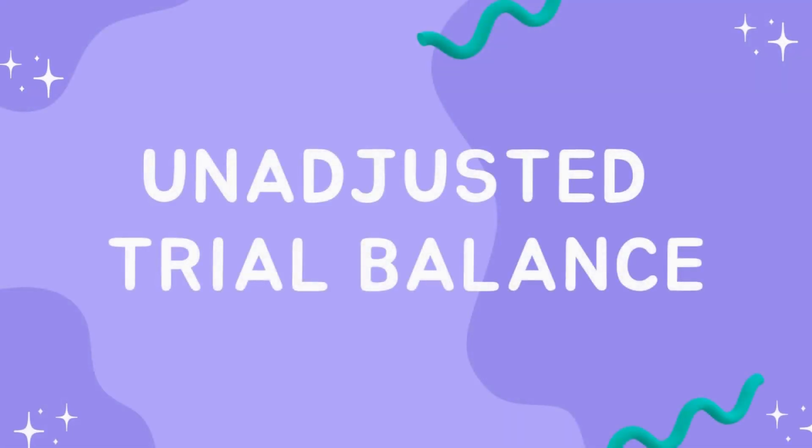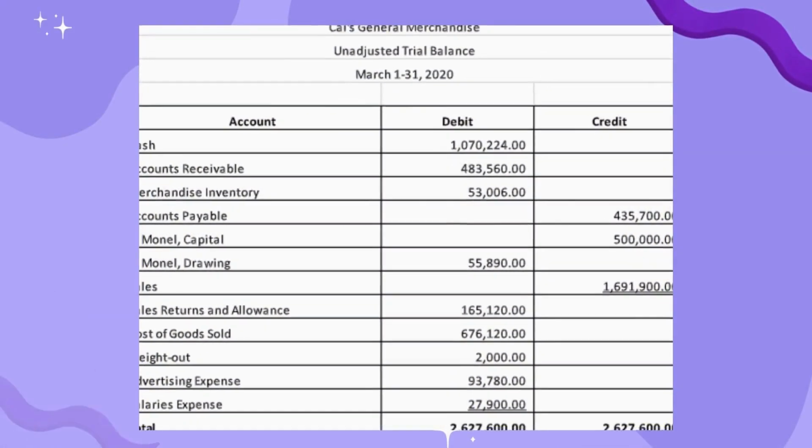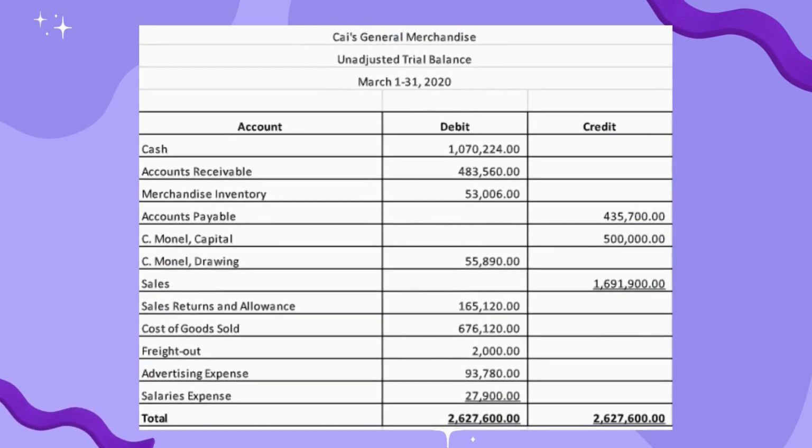Unadjusted trial balance. This is Monel's General Merchandise Unadjusted Trial Balance from March 1 to 31, 2020. Cash. Debit 1,070,224 pesos. Accounts receivable. Debit 483,560 pesos.